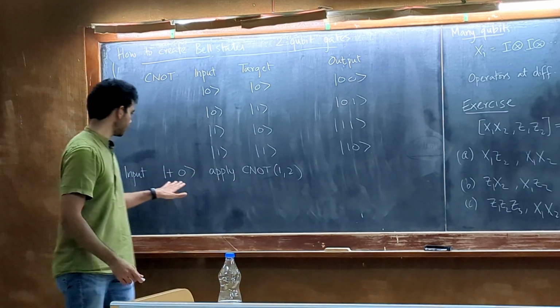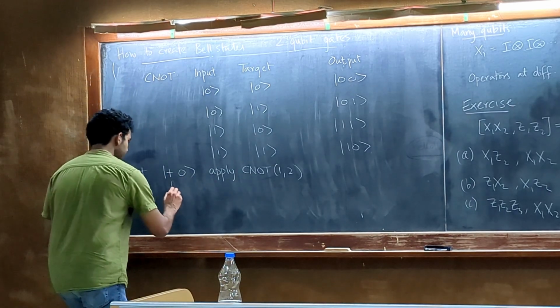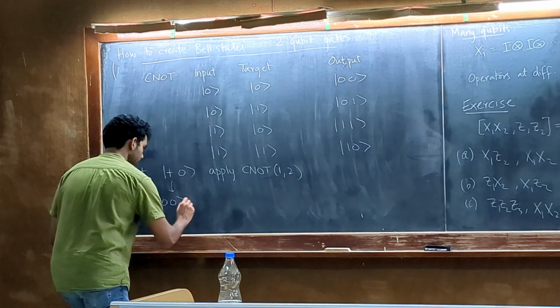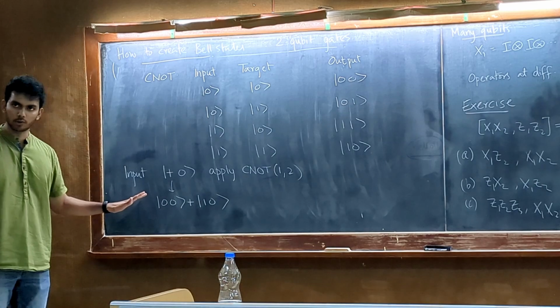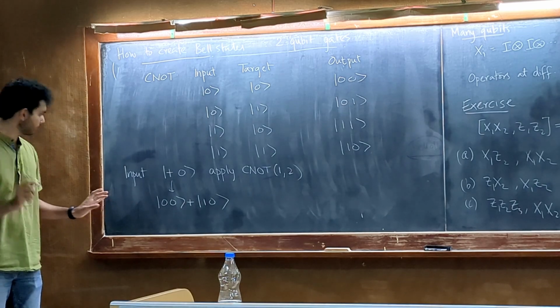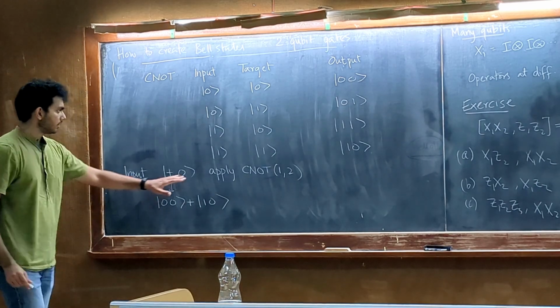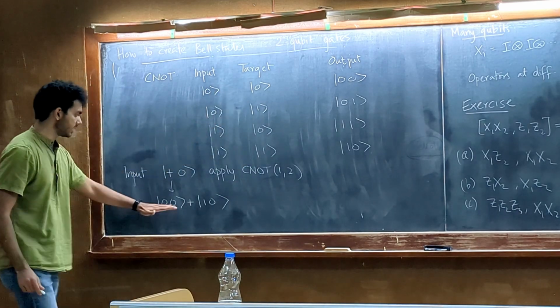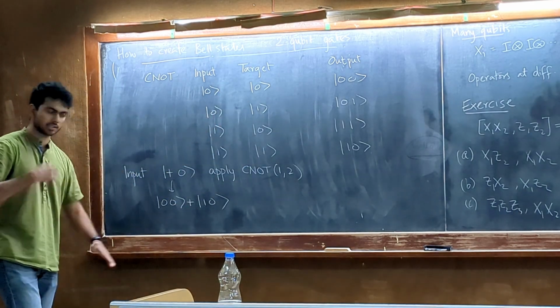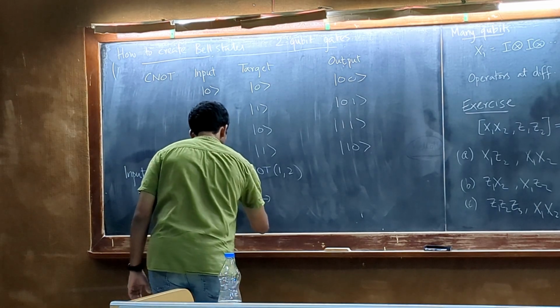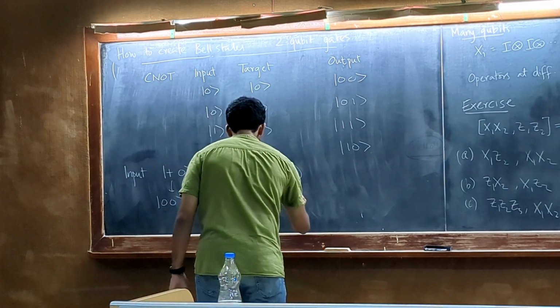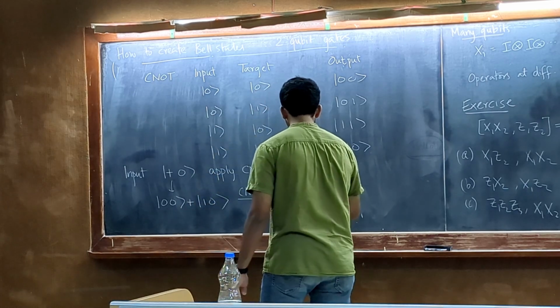So how does CNOT act on this state? This state can be written as 0,0 plus 1,0. Not going to worry about normalization. Is that okay? Since this is a linear operator, we can simply act on them separately and just take the sum. 0,0 goes to 0,0, but 1,0 goes to 1,1.